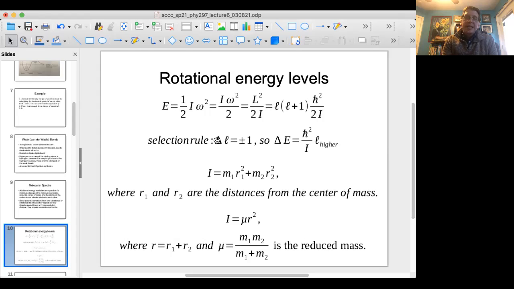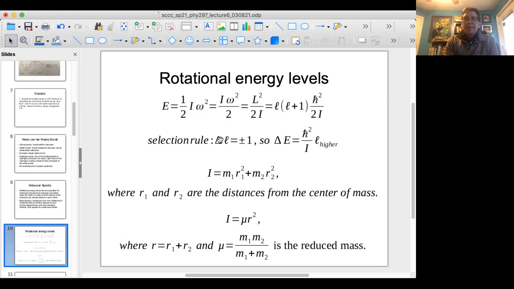So the selection rule, meaning jumping from one state to another, only works in increments of 1. So the change in the energy state is equal to h bar squared over I times the higher of the L values.